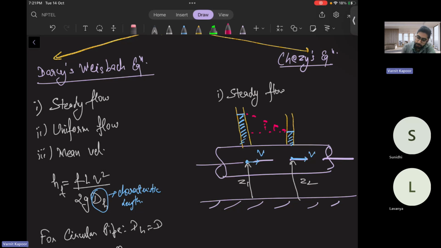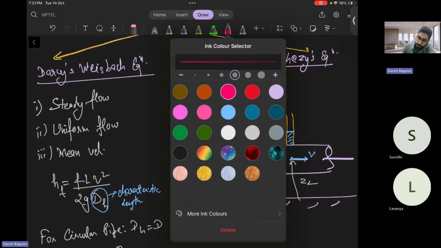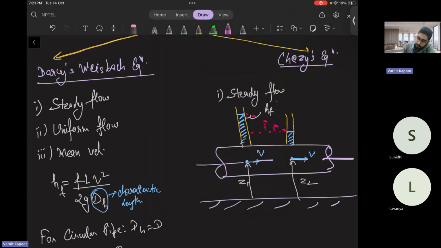So there is a head loss, HF, piezometric head loss.